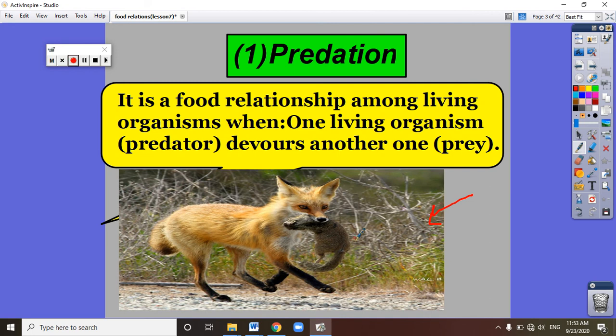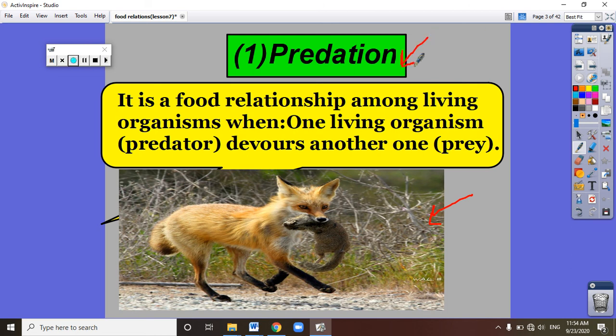When an animal devours, what is the meaning of devour? It means attack. When an animal or a living organism devours another animal, the food relationship between these two animals is called predation.